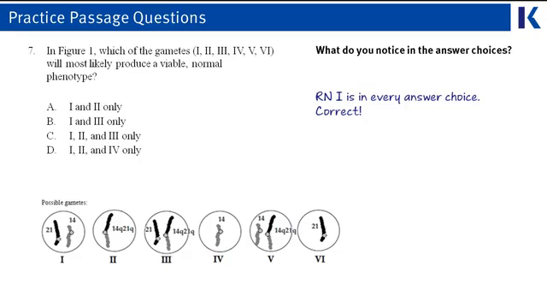There it is. We may also notice that number 2 has a 14 and a 21. Granted, they happen to be translocated, but the necessary genes are there. At this point, we can use a little reasoning. The question asks us which gametes 1 through 6 will likely produce a viable normal phenotype. We'll notice that 5 and 6 are in none of our answer choices.